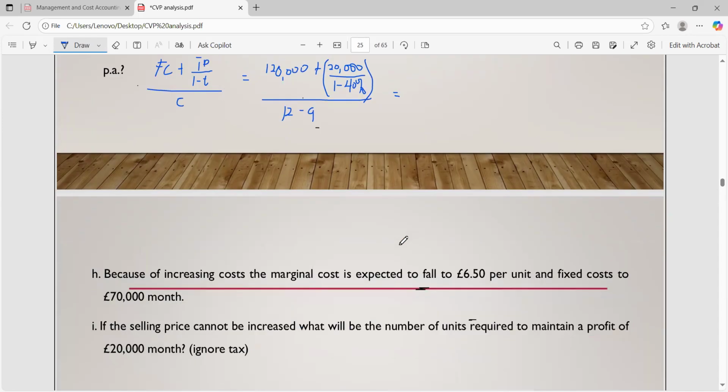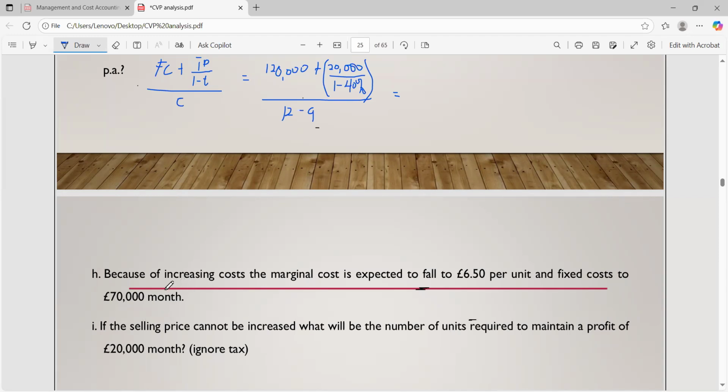Okay. Now it says because of increasing costs, the marginal cost is expected to fall to 6.50 per unit and fixed cost to 70,000 pounds per month. You are supposed to determine break-even in unit. Okay.